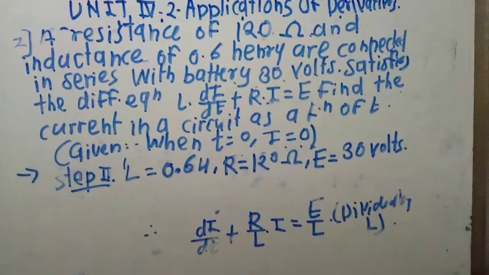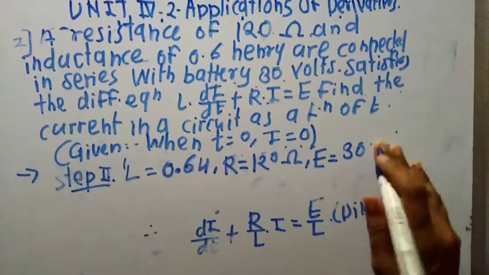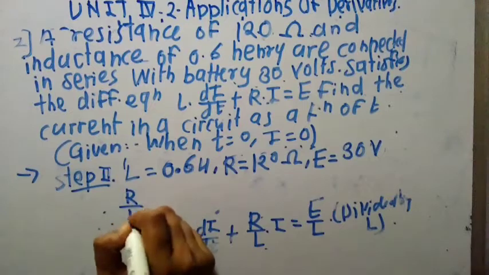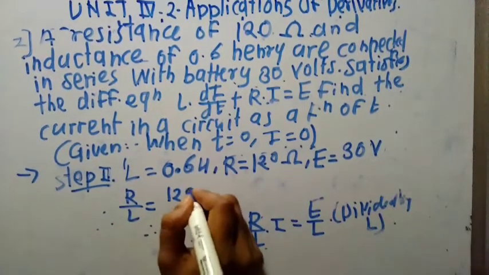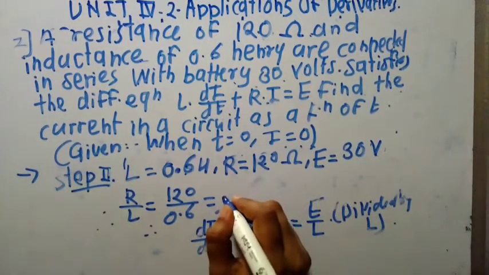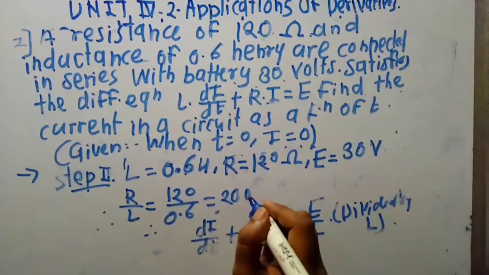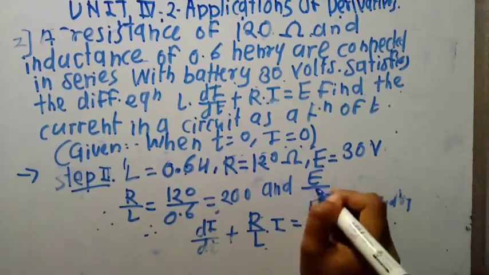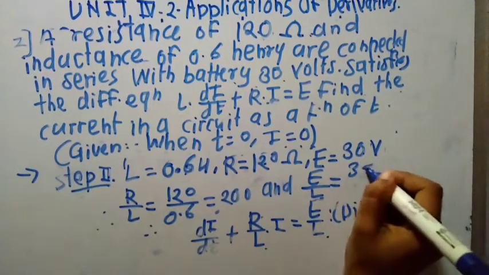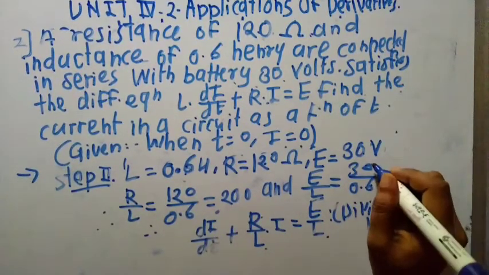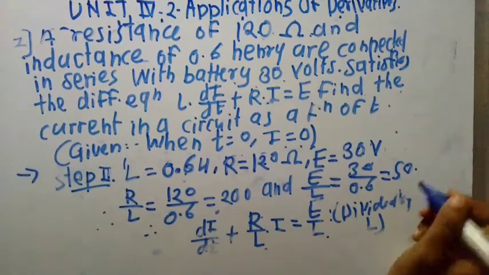Hence, R divided by L is equal to 120 divided by 0.6, which is equal to 200, and E divided by L is equal to 30 divided by 0.6, which is equal to 50.